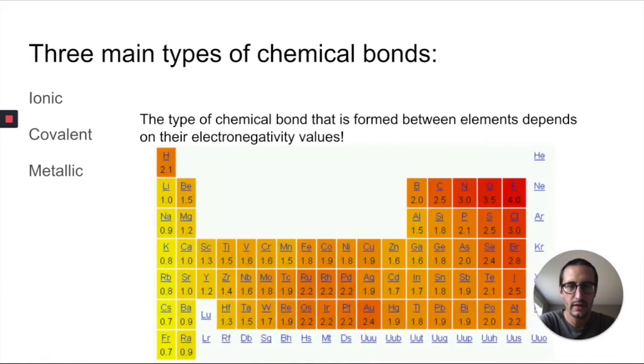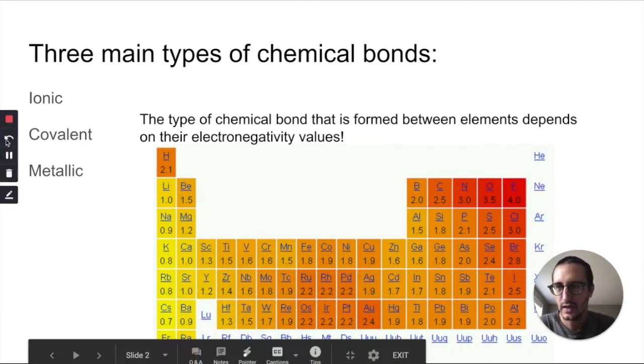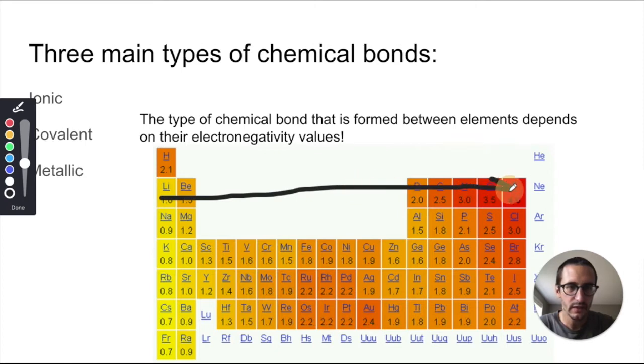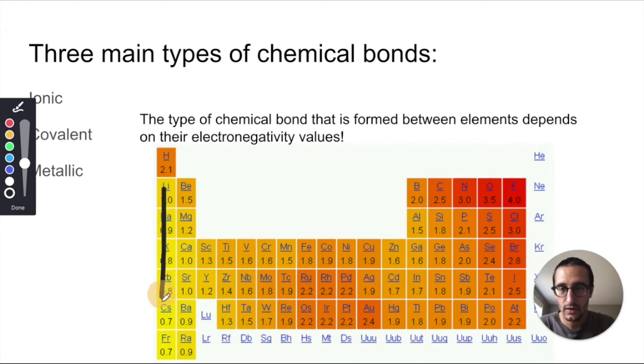So looking back to the periodic table and remembering that trend in electronegativity, as we go across a period, the electronegativity values increase. As we go down a group, the electronegativity values decrease.